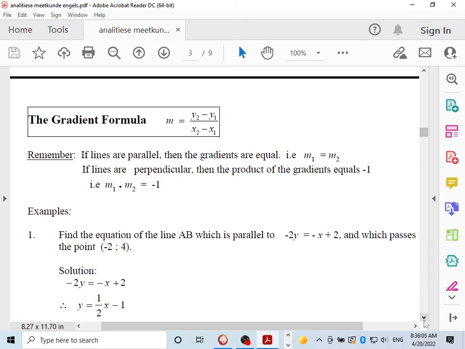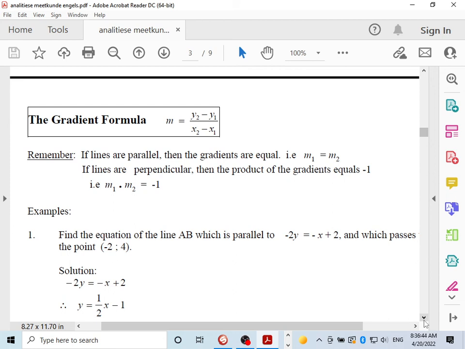Doesn't it make sense if this pen's slope is 5 and this pen's slope is also 5, doesn't matter where it is, or this pencil, then they will be parallel to each other. If this one is not 5, they're going to cut each other somewhere. They will always intersect. Remember, parallel means they will never intersect. So when the gradients are the same, they are parallel. So we say if m is equal to m, then it's parallel.